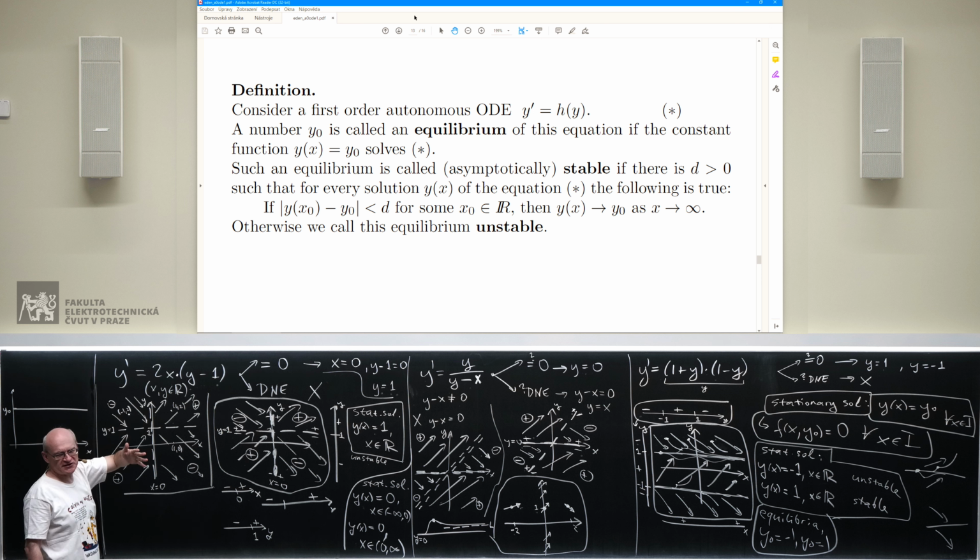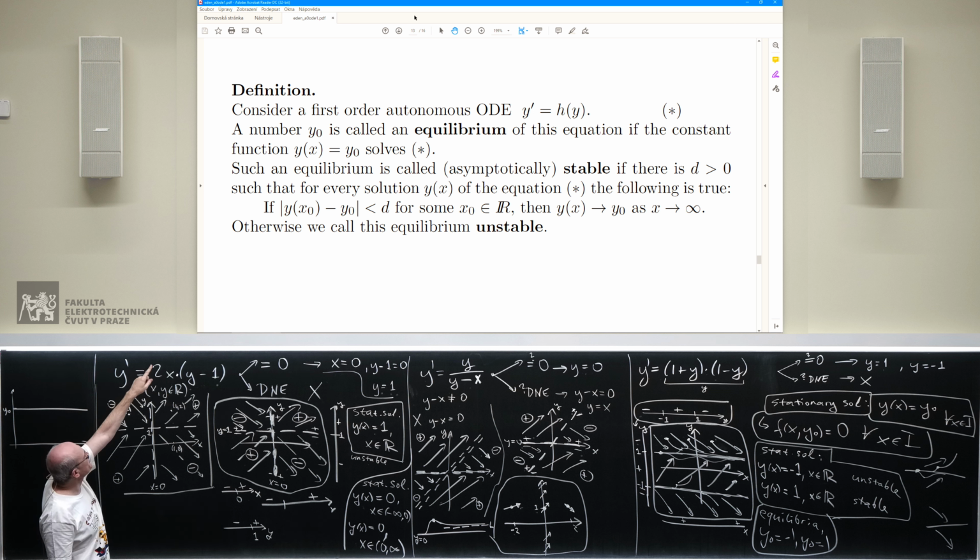There are some other types of stability, like Lyapunov stability, but we will not look at them here. So I will just say stable. So the solution is called stable, the equilibrium or stationary solution, if, let's skip that part. Let's look at the second paragraph.